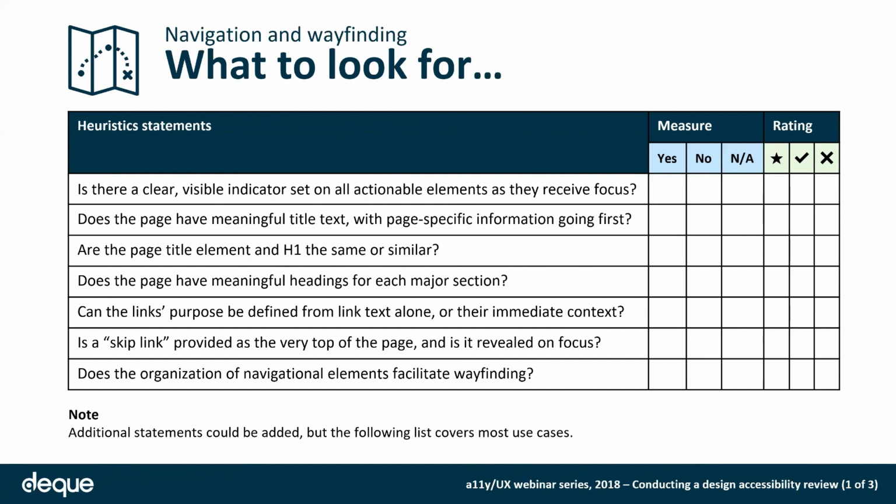The following statement would be about the first level heading present on the page, which should ideally be similar to the title so that it is assuring the screen reader user that they are still on the same page. The following heuristic statement is about the heading sections.